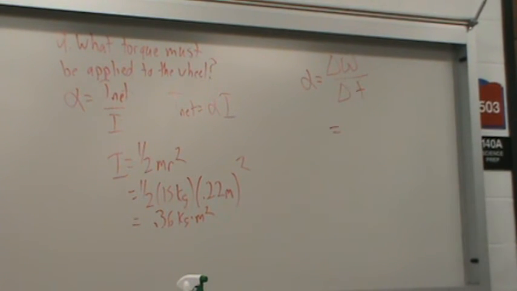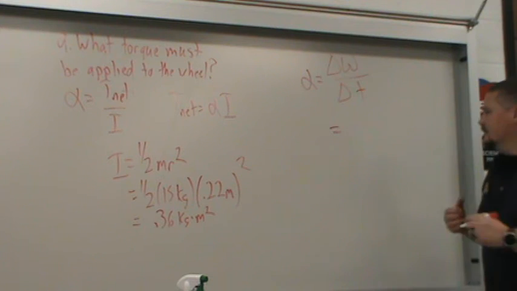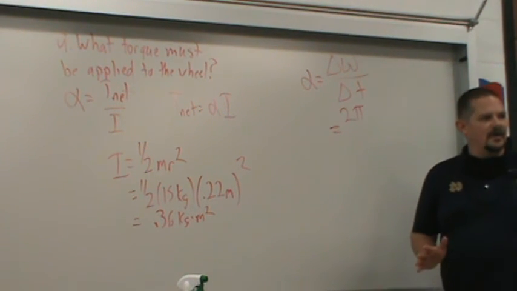Change in angular velocity. Well, we know that we want it to go 8 revolutions per second, right? But if we're working with angular velocity, we don't want revolutions per second, we want radians. So what do we apply with radians? 2 pi.